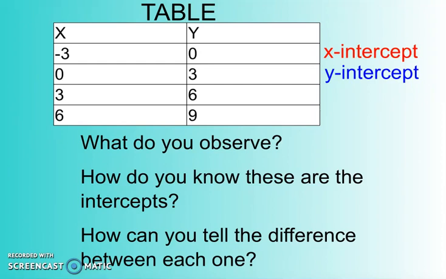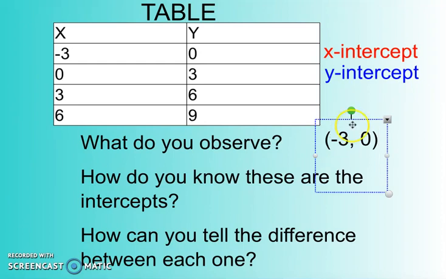Exactly. Okay, so for the x-intercept, you want to look for the ordered pair that has a y-coordinate of 0. Kind of the opposite. So if you're looking for the x-intercept, you're looking for a 0 in the y-coordinate. So you're always looking for the opposite of what you're saying.